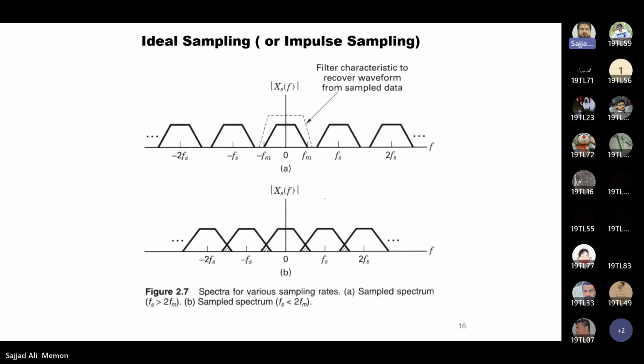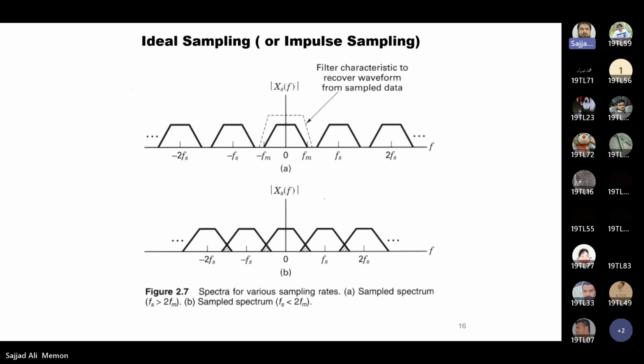But what if after the sampling, due to the rate at which we have sampled, these different samples overlap each other? Then you can see these frequencies are not separate. Like this one is independent from other frequencies.